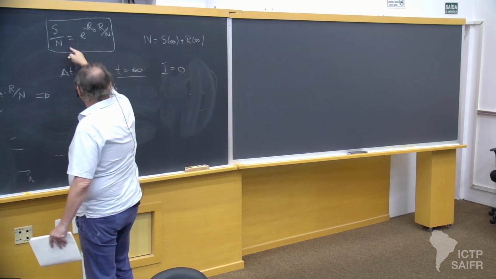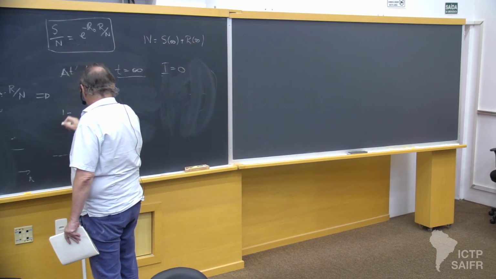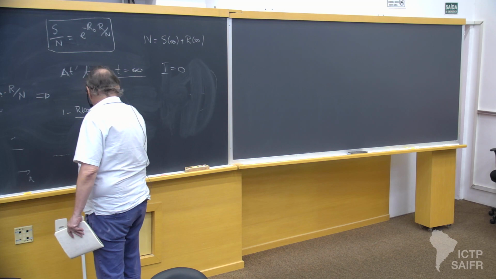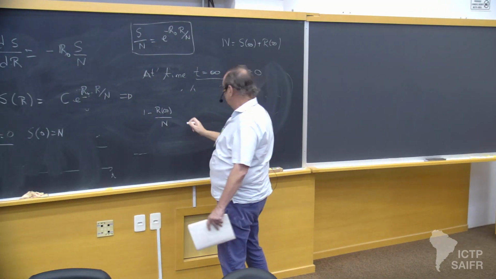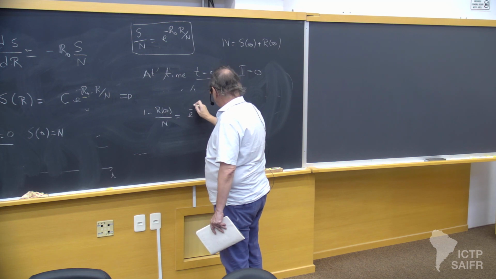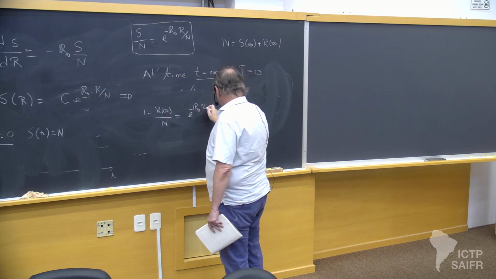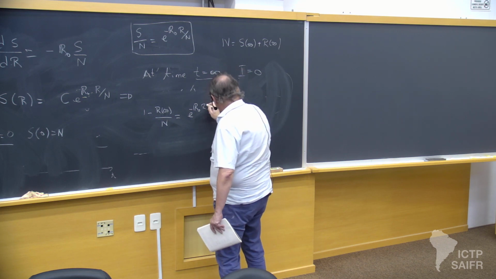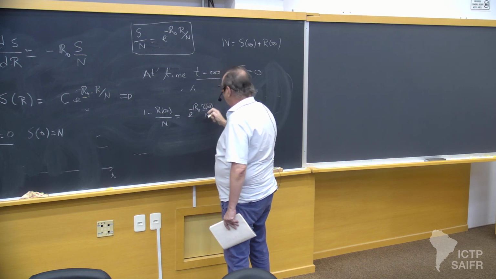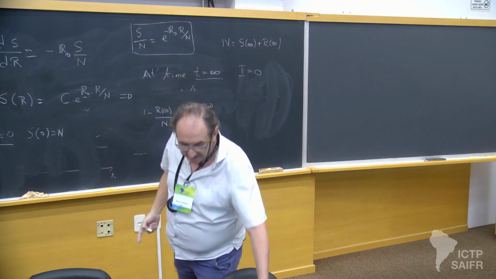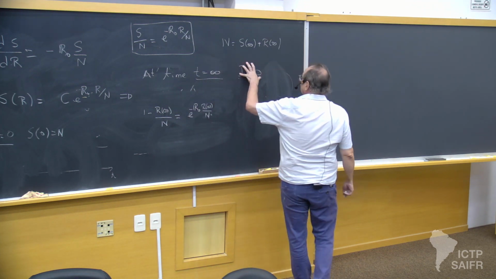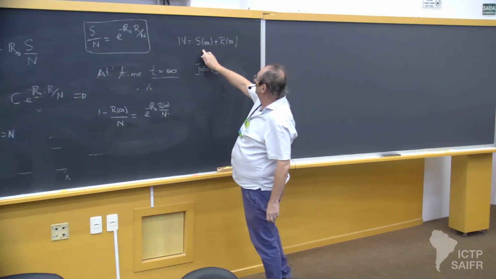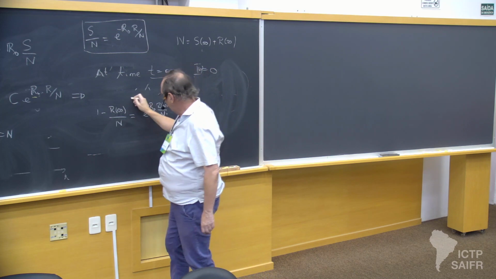So this says here that 1 minus R infinity over n, where I substitute S here, is equal to e to minus R0 times R infinity over n. So I calculated this solution at time infinity and made use of the fact that I is equal to 0 at infinite time, so S plus R is equal to n, I can write S in terms of R. And I get this.